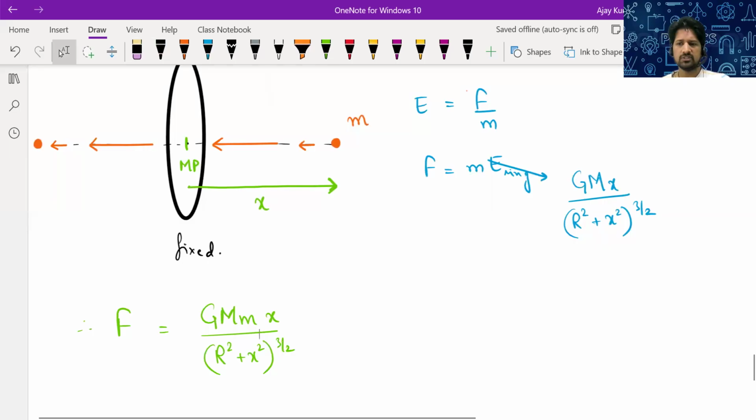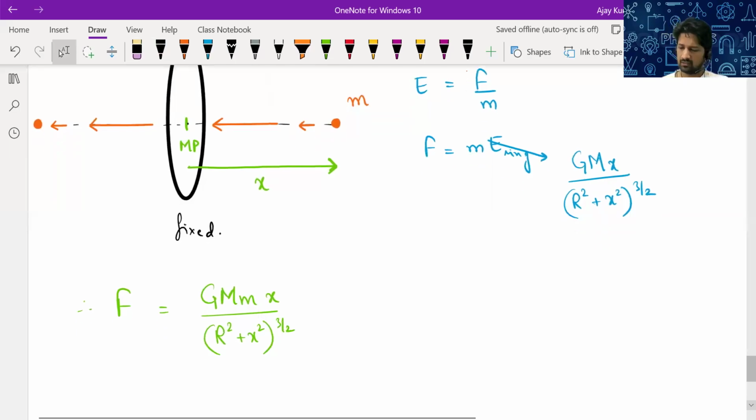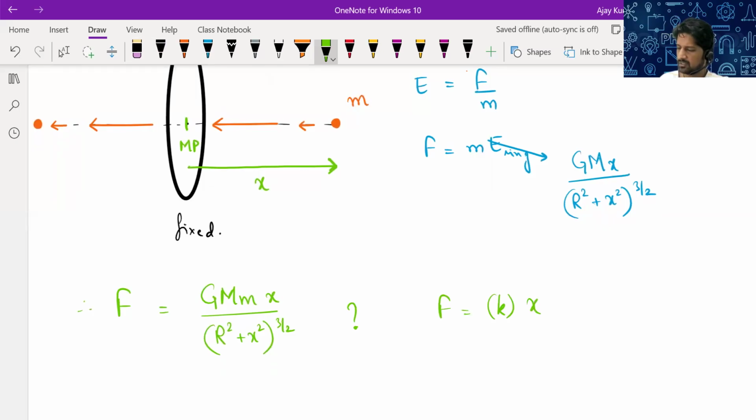Now you look at this force equation and any one of you tell me, is force proportional to displacement according to this equation? Is it of the form F is equal to some constant multiplied with x? Is there direct proportionality or not?